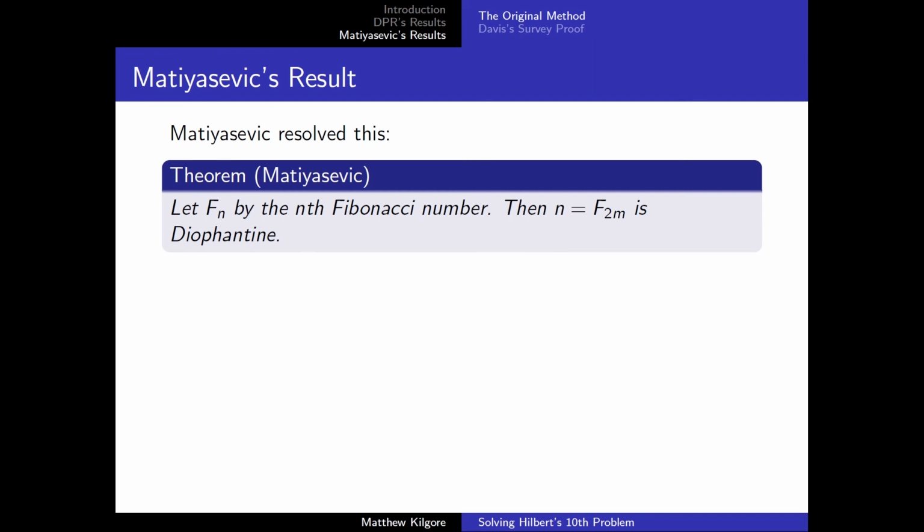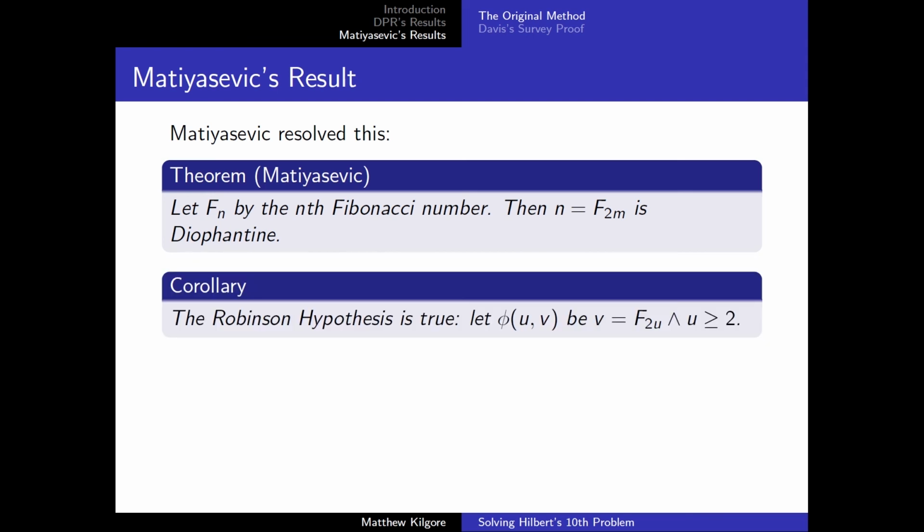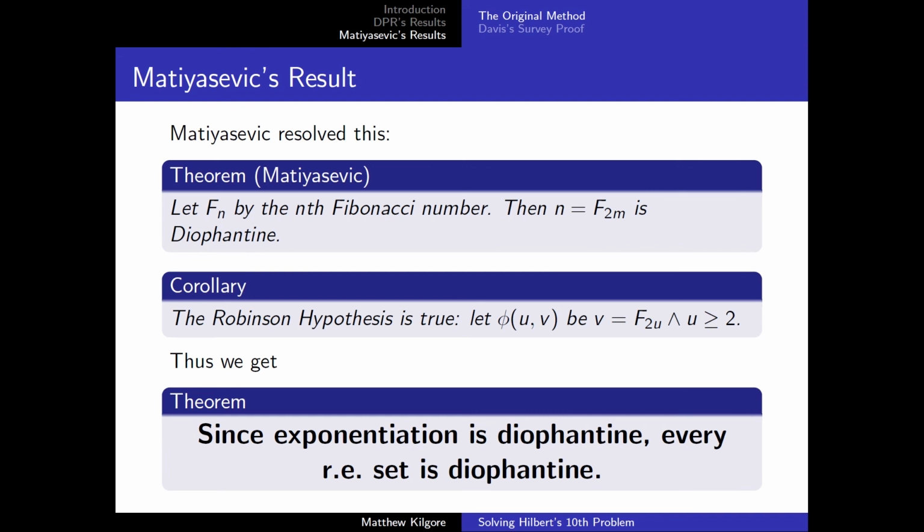His theorem stated that if f of n is the nth Fibonacci number, then n equals f sub 2m is Diophantine. As a result, if we write phi(u,v) equals f of 2u, and u greater than or equal to 2, we've got the desired result. Thus, combining all this together, we get that since exponentiation is Diophantine, every recursively enumerable set is Diophantine.